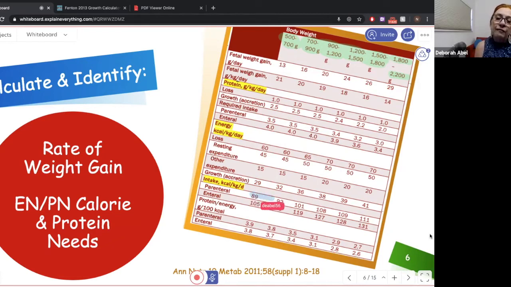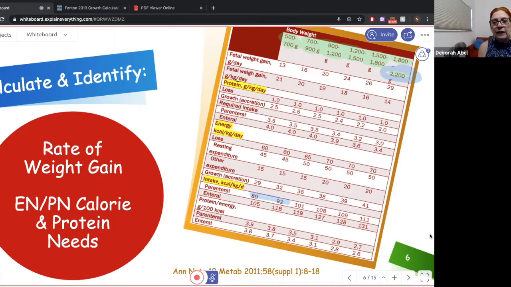If you have an infant that is over 2,200 grams, we don't have any normative data for over 2,200 grams, but we can use that column to help. We can also consider using the term data, the RDA that we use for an infant 0 to 3 months, which is 108 calories per kilogram and 2.2 grams for protein.